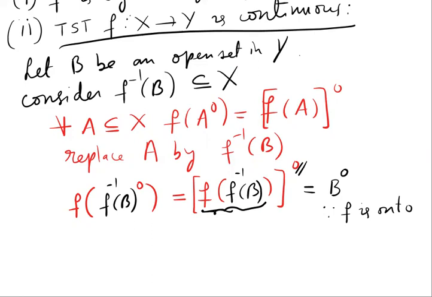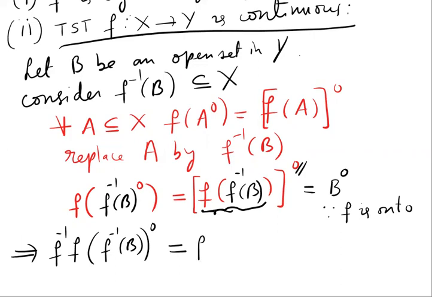We get this. Right? Now, in the next step, we'll take F inverse on both sides of this. So we'll take F inverse, the remaining as it is. So F inverse B interior as it is, equal to F inverse on the RHS, and on the RHS, in the previous equation, that is B naught.